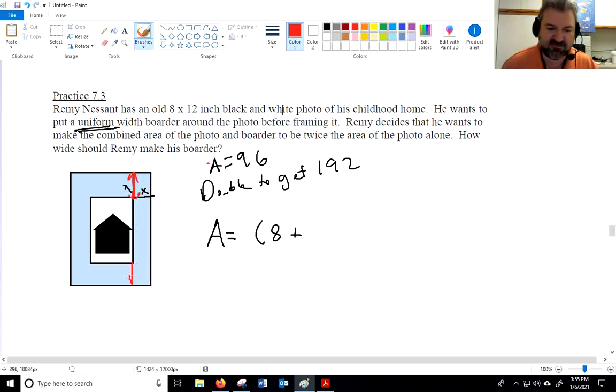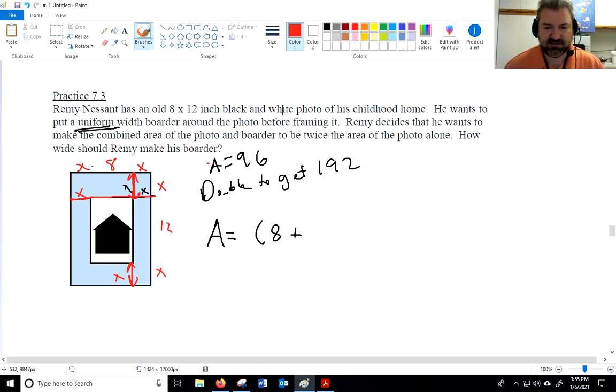It's also going to be X in this direction. So actually, I'm going to be adding X twice. I'll be adding it once on top and bottom, and then once on left and once on right. So we have to do X all the way across on both sides. X, X, and then this here was the 8, and then this is X, 12, and then another X.